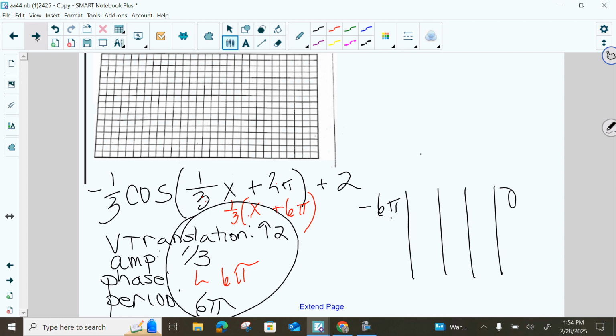What are you saying, Cole? You would divide by 1/3 first because of this guy? I would actually use this one. It's easier. And I'd subtract 2 pi first.